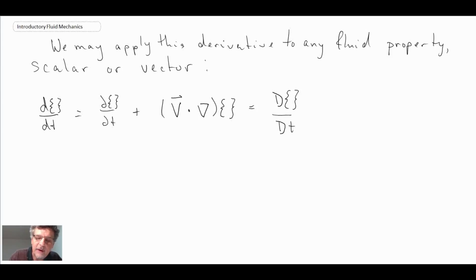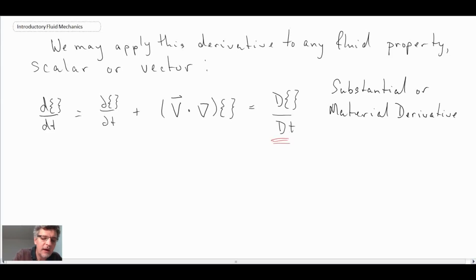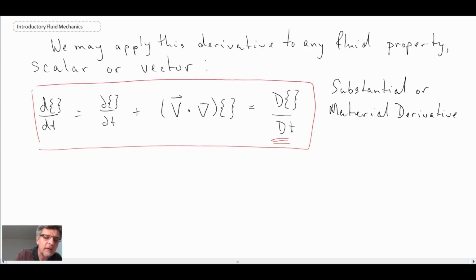In order to denote it, we denote it with this capital D. And this is referred to as being the substantial or material derivative. Written generically here, it could apply to either a scalar or a vector. So that is the substantial derivative or the material derivative.